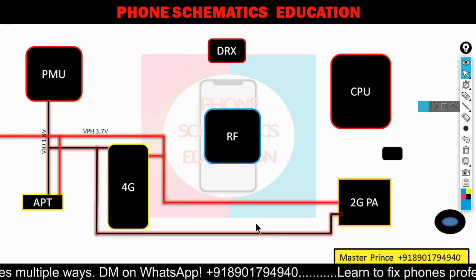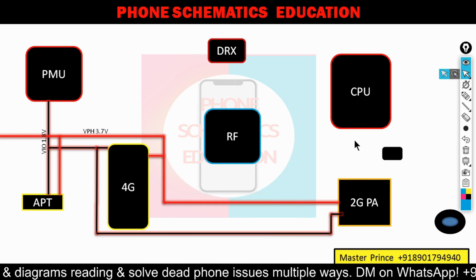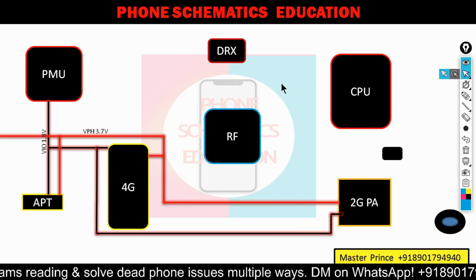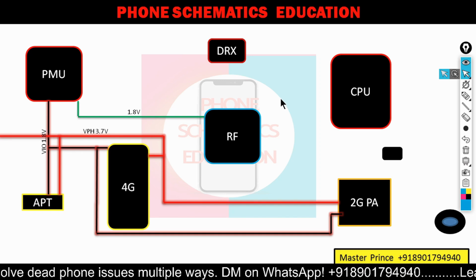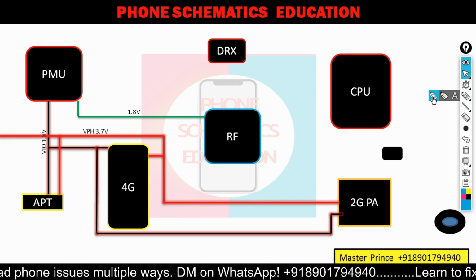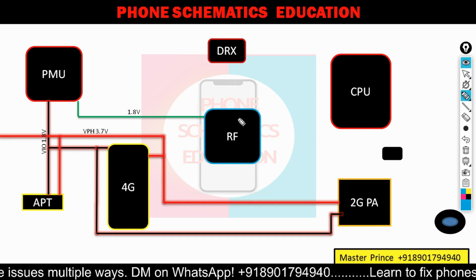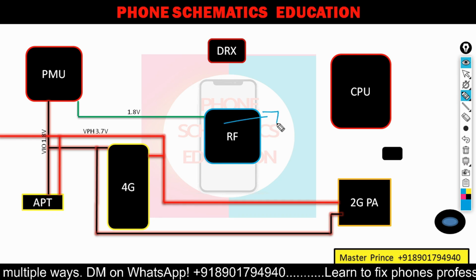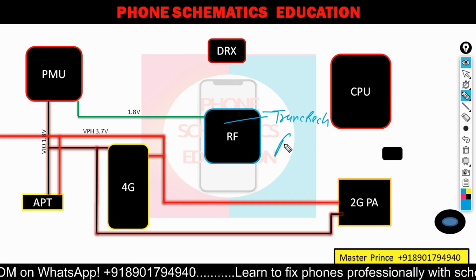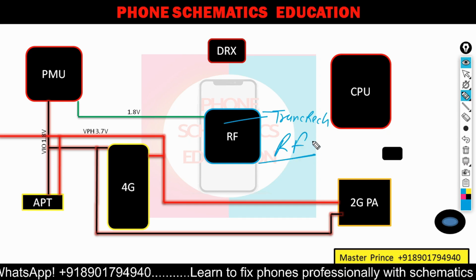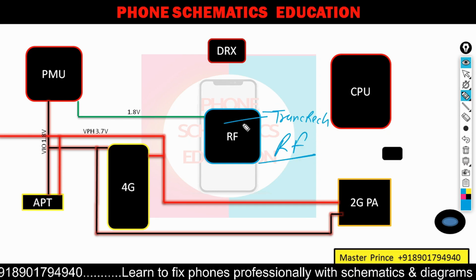Now we go to the next voltages. Okay. Now after this, there is another voltage from the PMU connected to the RFIC, right? Or the WTR IC, or transceiver IC. This one is our transceiver IC, the main RFIC, right? This one is basically the main network IC.